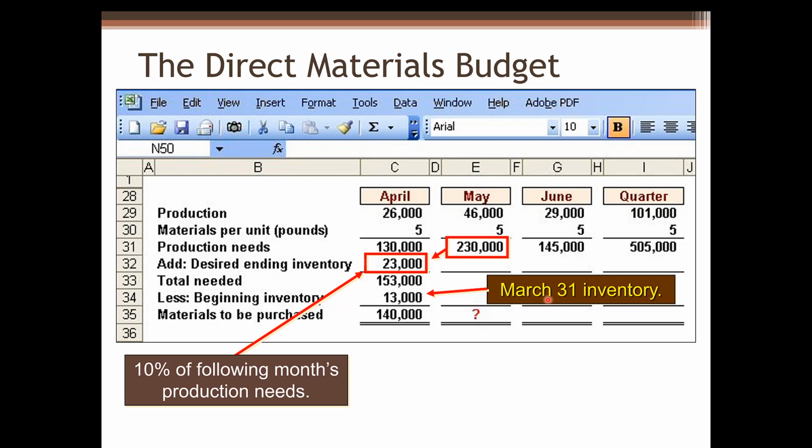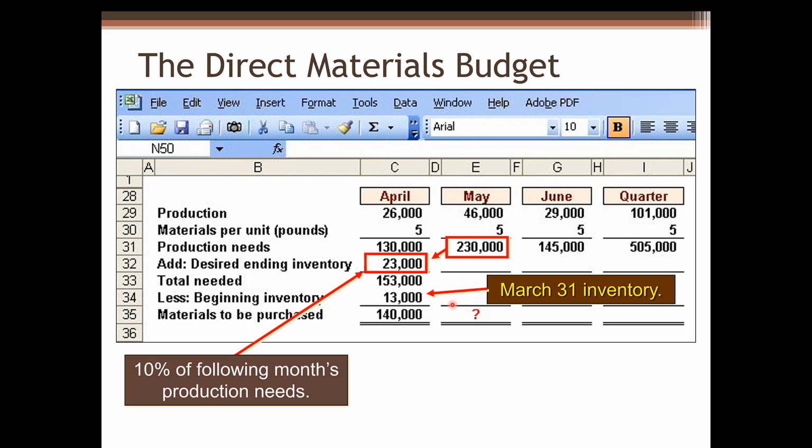The question tells us that on March 31st, 13,000 pounds of materials are on hand. So we put 13,000 here. We subtract 13,000 from 153,000, and materials to be purchased in April are 140,000 pounds.